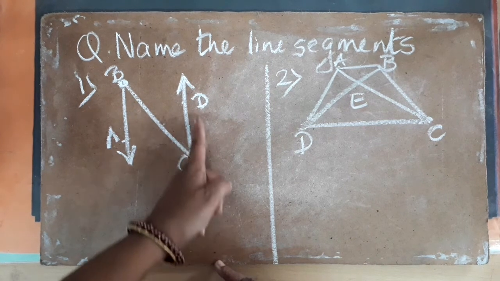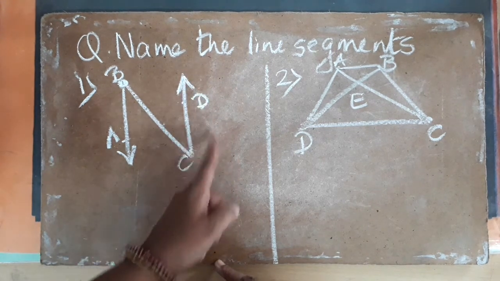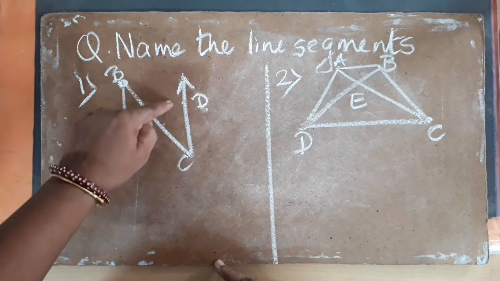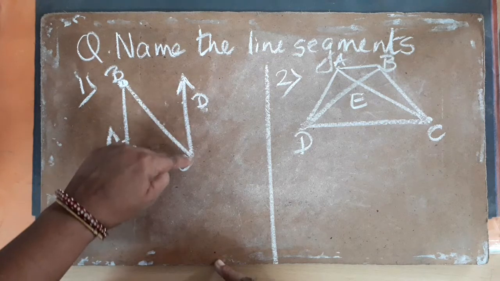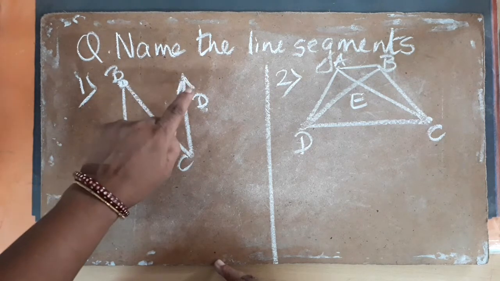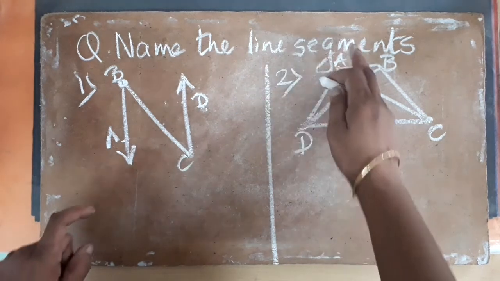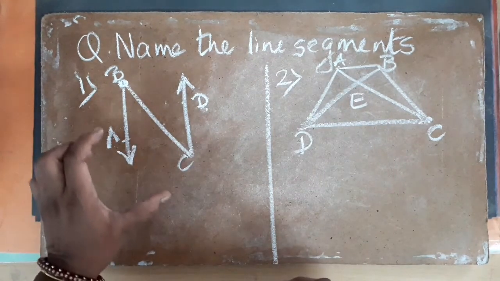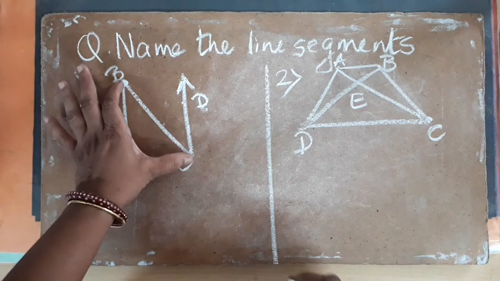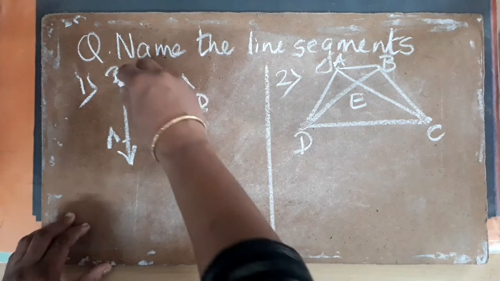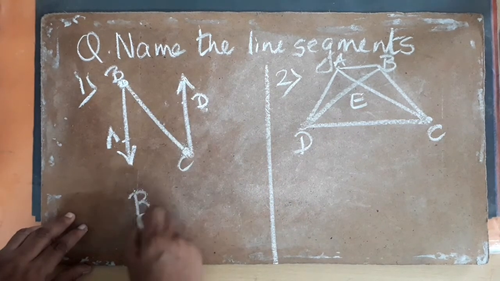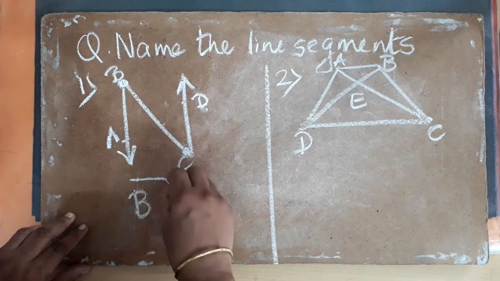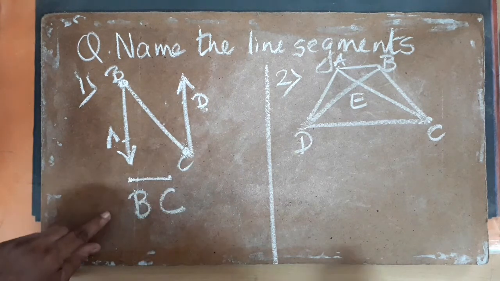Whereas if I talk about this one, then this is also a ray. You can see the symbol over here. You are asked to write the line segment, so it should have two endpoints. Here you can see that this is the line segment which has two endpoints. So the correct answer is line segment BC.